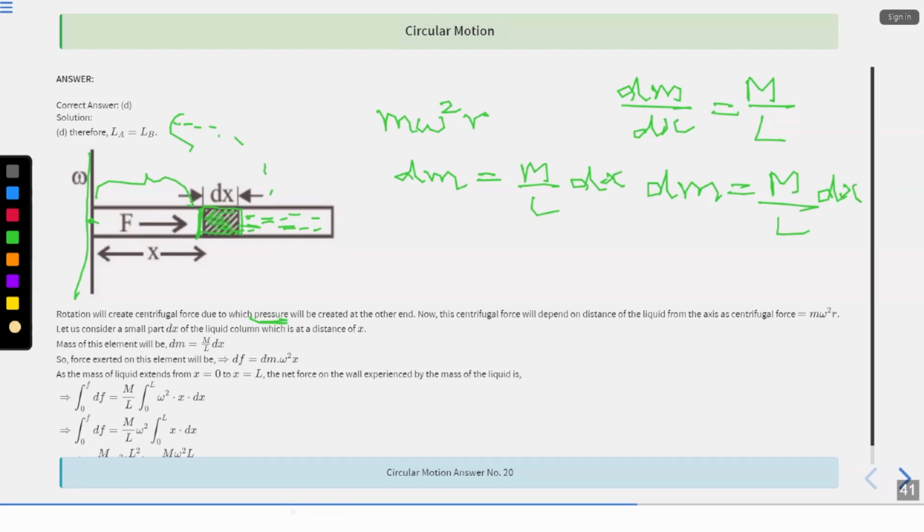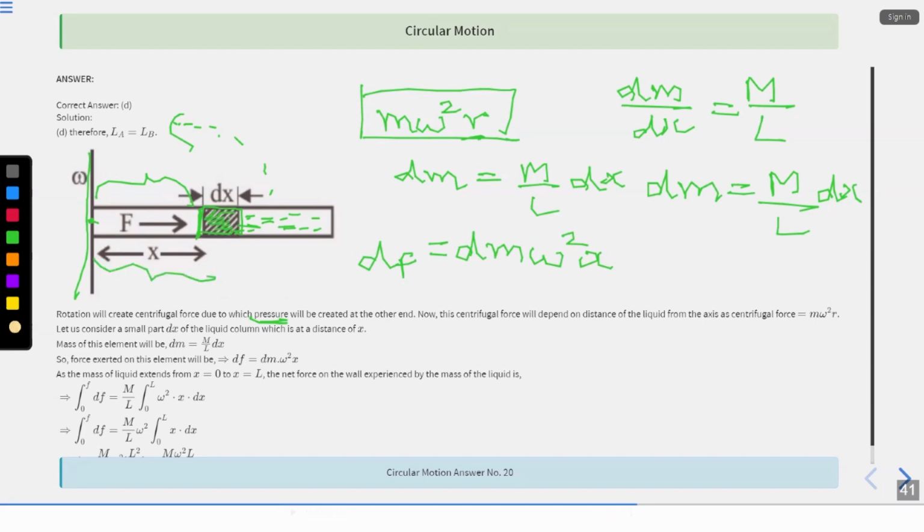So force exerted on this element would be df. This will be the centrifugal force usually. So for this particular small part, our force df will be equal to dm omega square x. We are not taking r because we are taking the distance from the axis, and for this dx element, it is x over here.